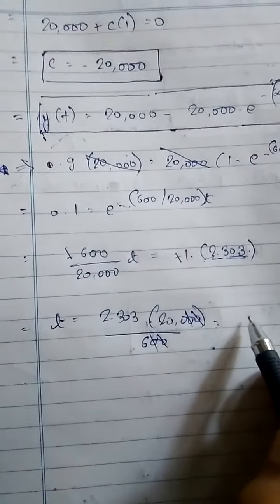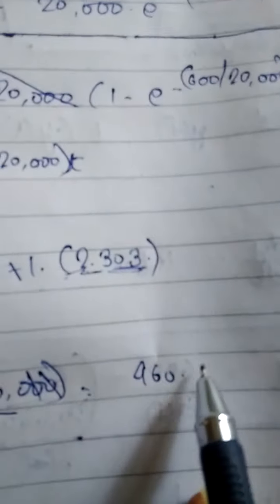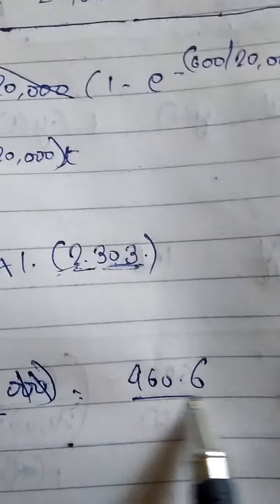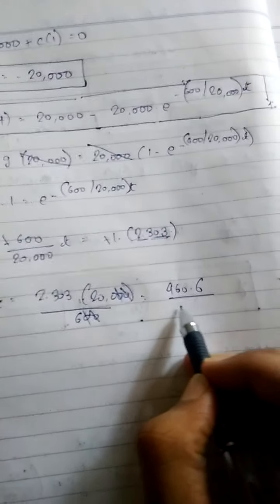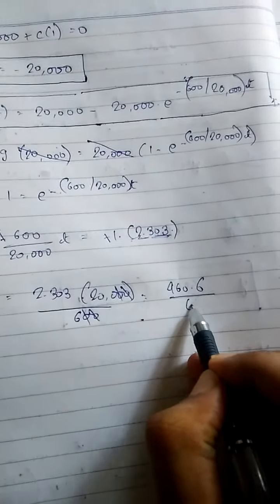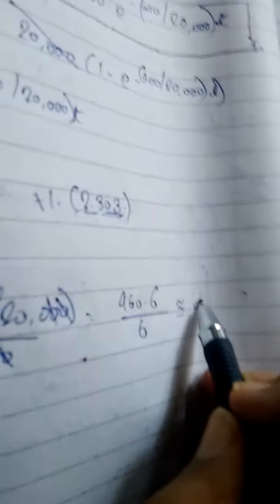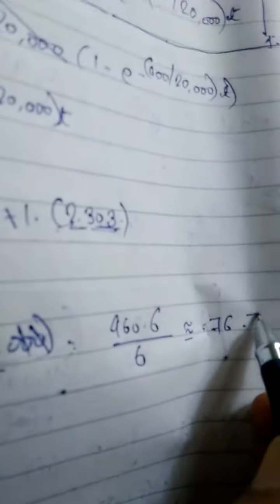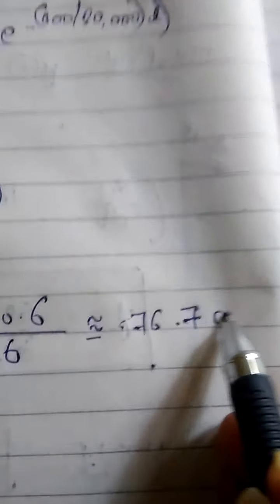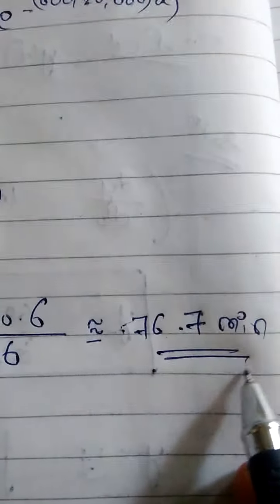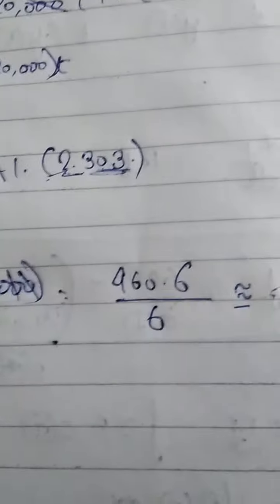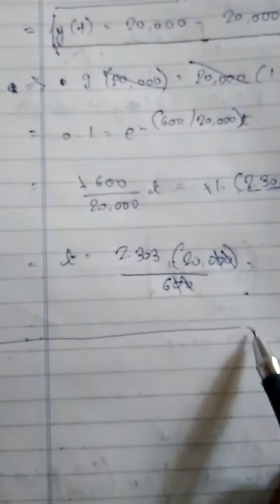Cutting this out, we get 460.6 by 6, which can be approximated to 76.7 minutes. So this is my solution for the second part, and that should be the end of the first question.